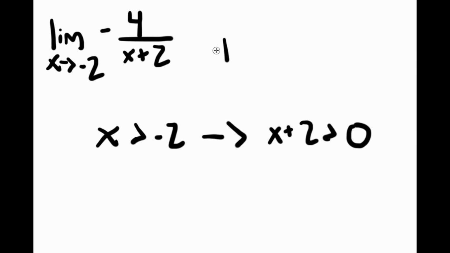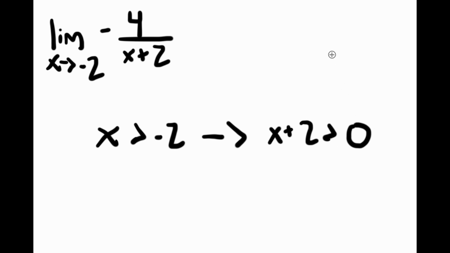Just think of it as if it's greater than, it's positive because it has to be greater than the actual value. And if it's from the left-hand side or negative, that means it's going to be less than. So just associate negative with less than and positive with greater than, because that's basically what we saw from the table before. So we can turn this into x plus 2 is greater than 0.